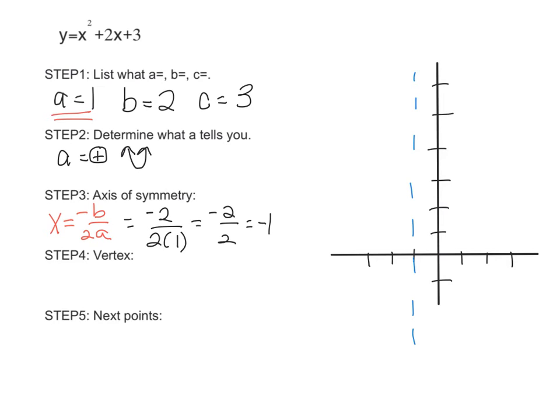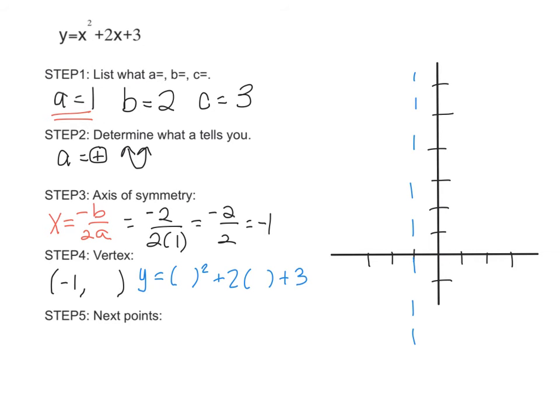So now I'm going to find my vertex, and I know my vertex is going to be an ordered pair that has the x value of negative 1. Remember, the vertex is on the axis of symmetry. So I am going to take negative 1 and plug it in every place I have an x in my original equation.